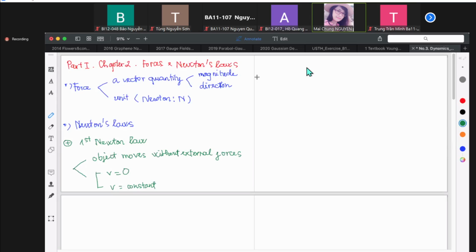Okay, so how about the second Newton law? Who could state the second Newton law?